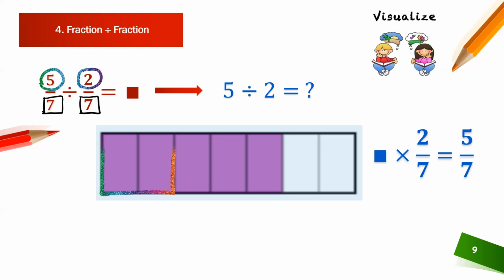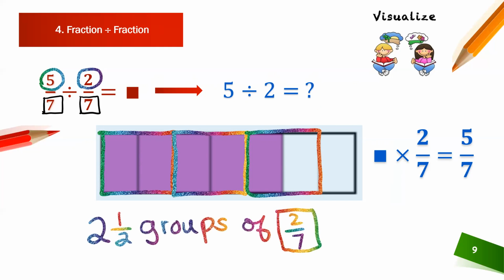Well, let's go count. 1 group of 2/7, 2 groups of 2/7, and half a group of 2/7. Therefore, the answer is 2.5. There are 2.5 groups of 2/7. And yes, you just take 5 divided by 2 if the denominators are the same.